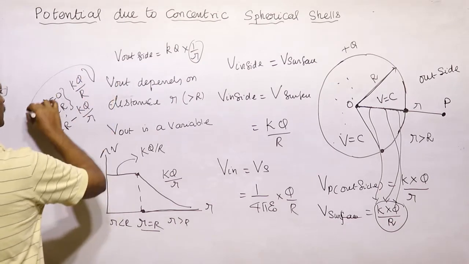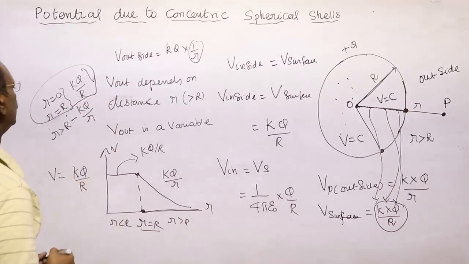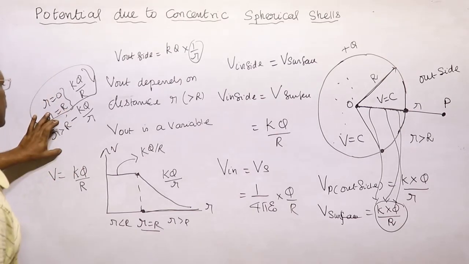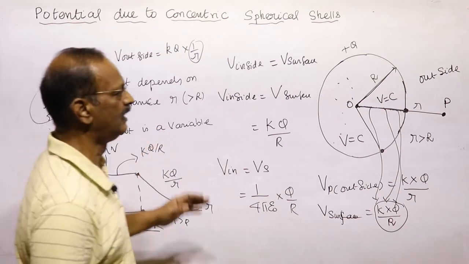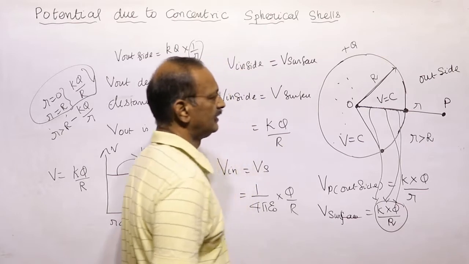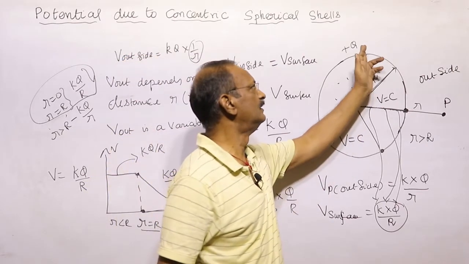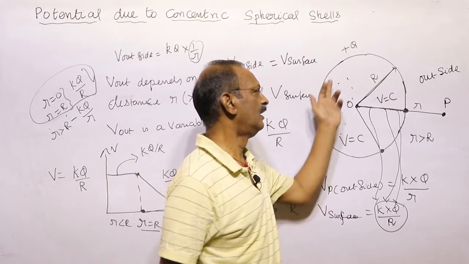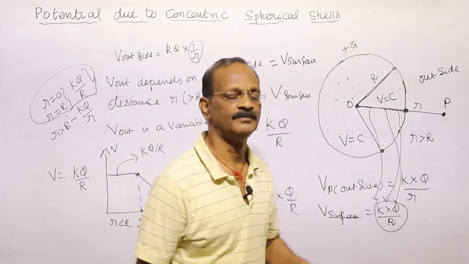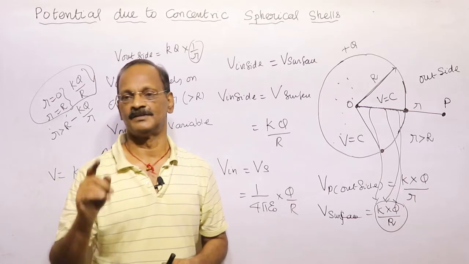So up to the surface, from the inside up to the surface, the potential is constant, but outside the potential varies. Just outside, at any point, the potential due to this plus Q charge on the sphere varies according to the relation V inversely proportional to r.